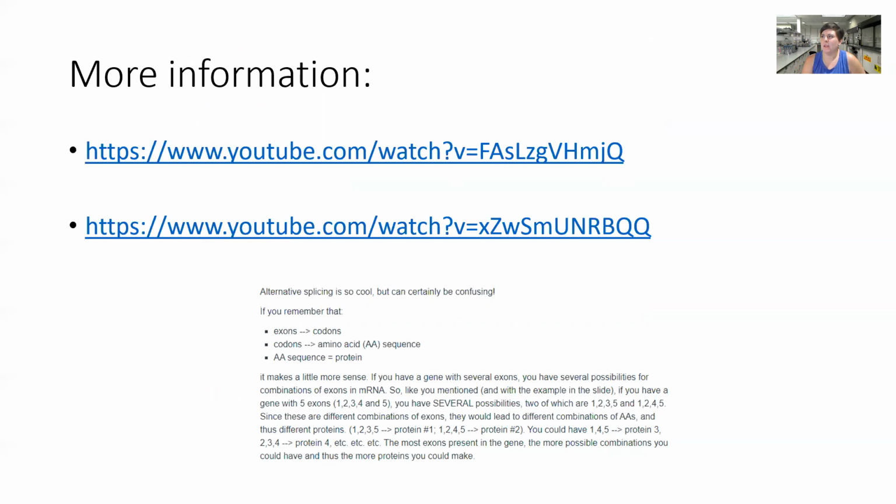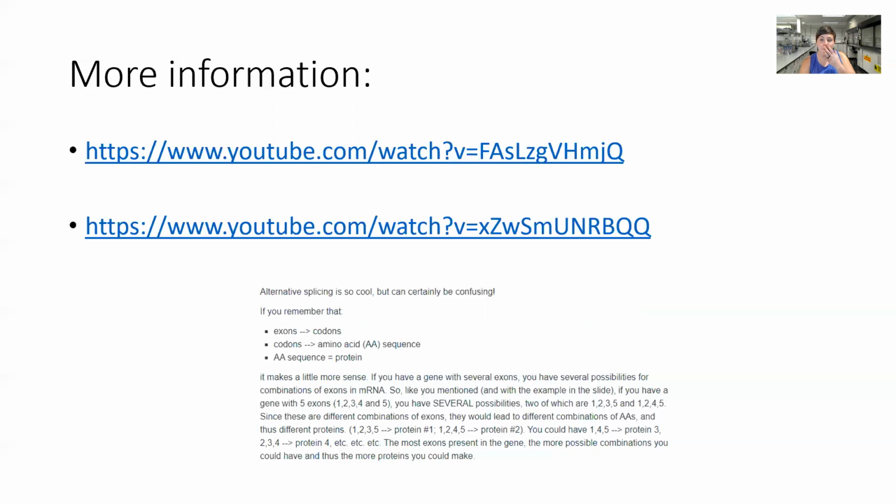I also copy and pasted one of my responses to the discussion board, which is just asking you to remember that in general, with transcription and translation, you're going from DNA to RNA to protein. And if you remember, in DNA, you have exons, and those exons are moved into mRNA. And the mRNA codes for codons.